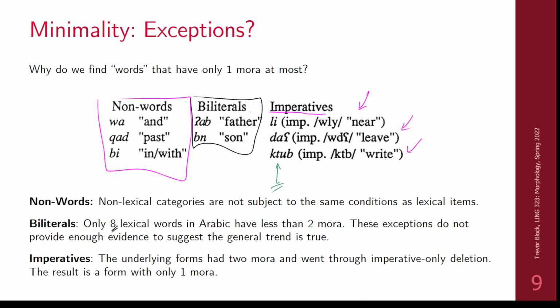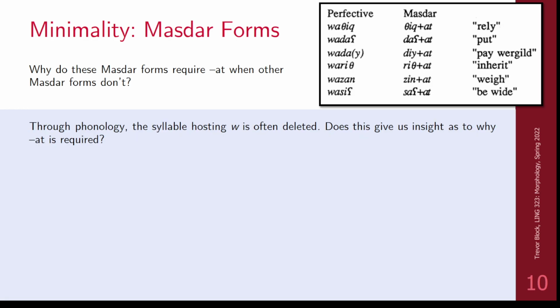So this is why that's okay, because it came from a form with two mora, and actually you don't normally say the imperatives just as they are there. Apparently, this is their words, not mine. I can't verify this, but you would have some conjugation with those words that make it have two mora when you pronounce it. So these exceptions are not cases that are going to trouble us.